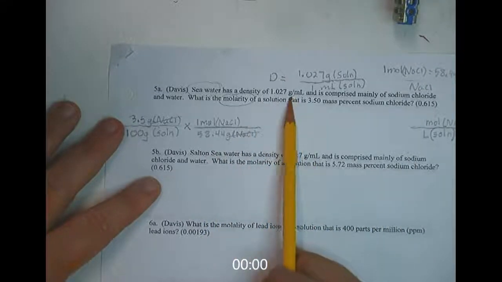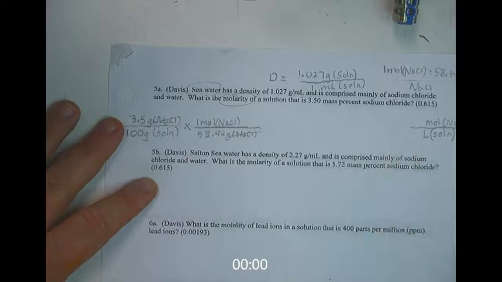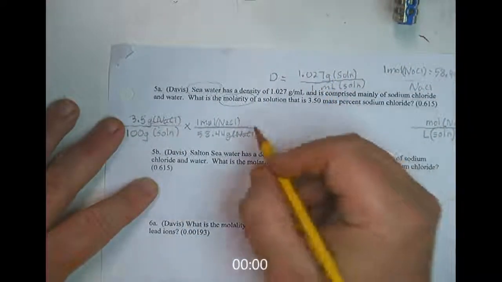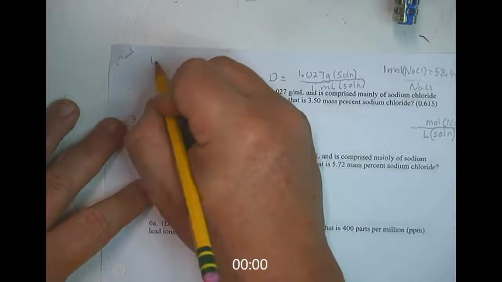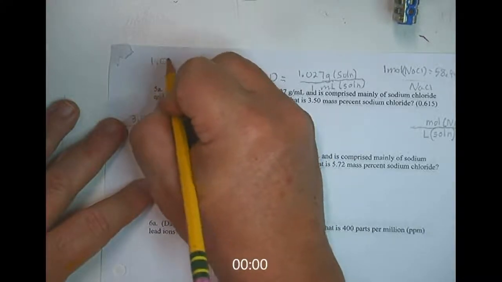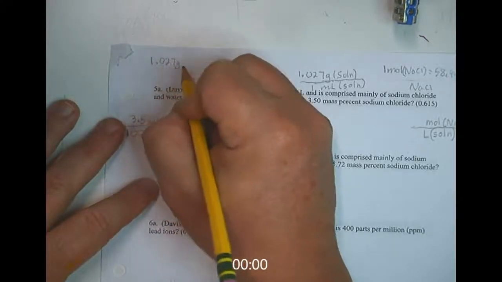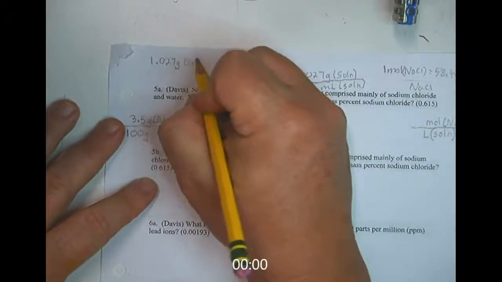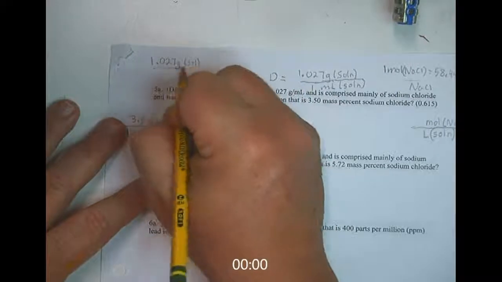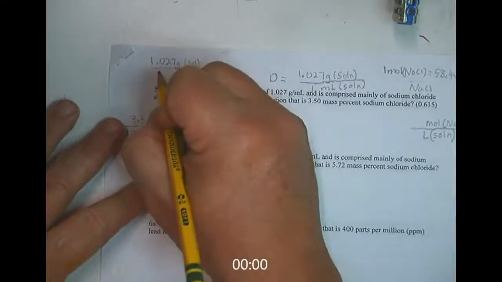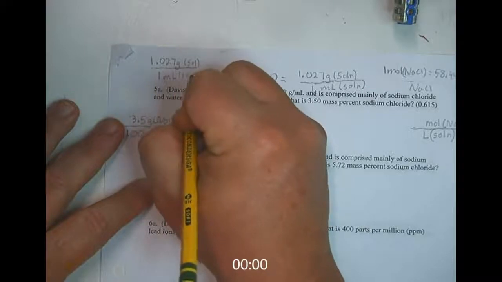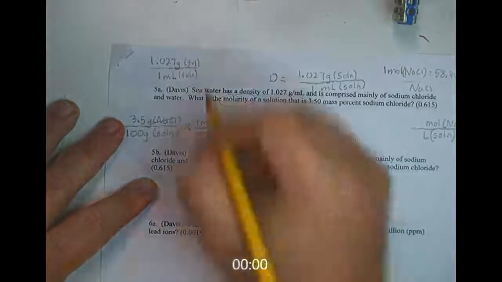We have grams of solution per milliliter. So I'll do it up here: 1.027 grams of solution for every 1 milliliter of solution. And all I want to do here is convert that milliliters to liters.